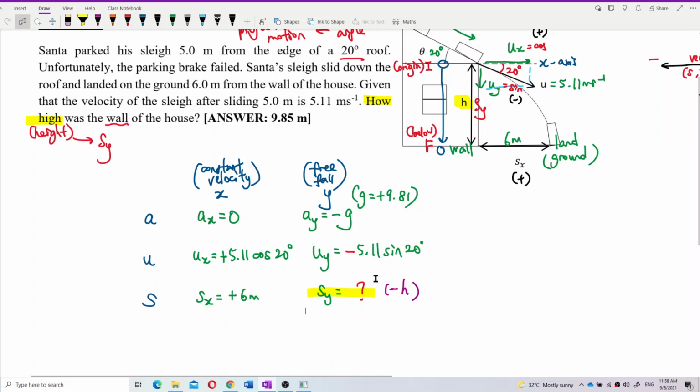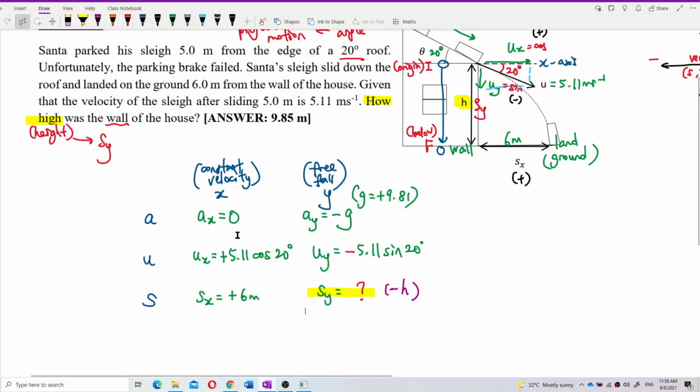Not enough. We need at least 3 pieces of information to get the fourth unknown. So we cannot start from the y component, because it has only 2 pieces of information.